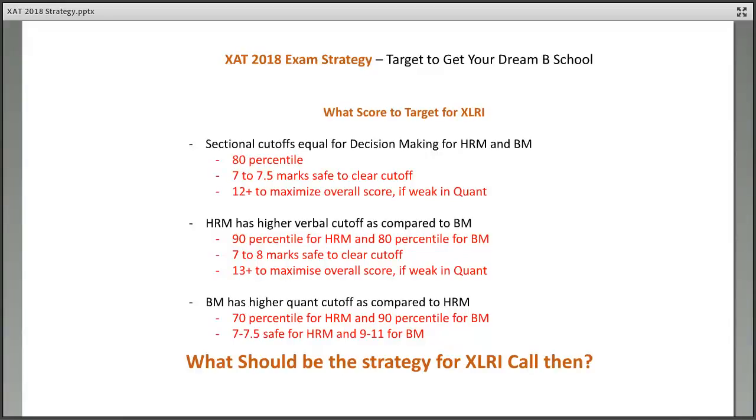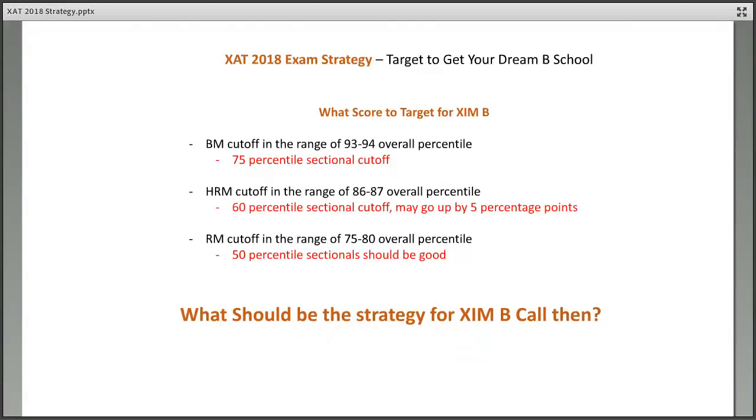Hence, to maximize your score, your aim should be to get 12 plus marks in decision making and 13 plus marks in verbal. If you can do that, just by clearing the cutoff for the respective courses, you would be able to get the call which you are looking for.